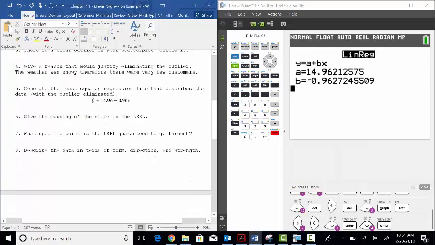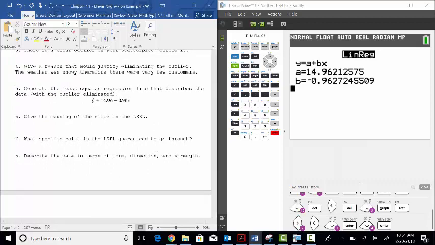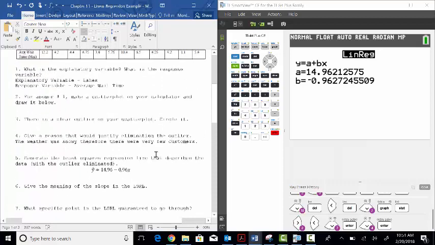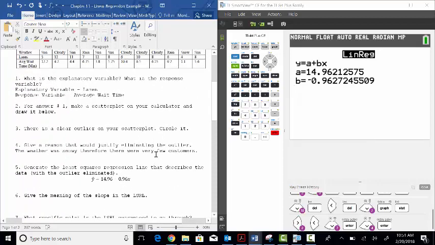All right, so the next question says, what does the slope mean for your least squares regression line? So basically, your slope is saying for every one increase in your x value or your explanatory value, your y value increases by whatever the slope is.